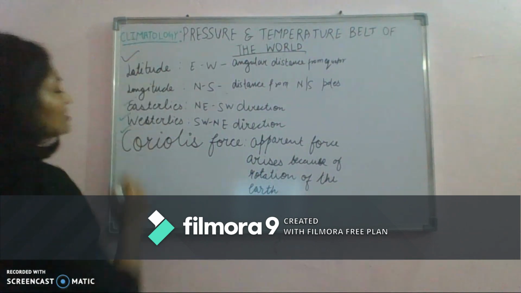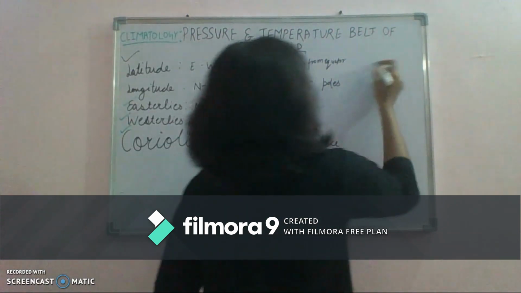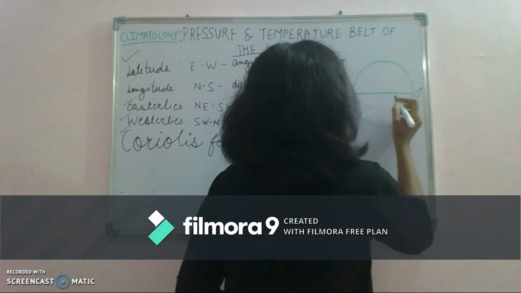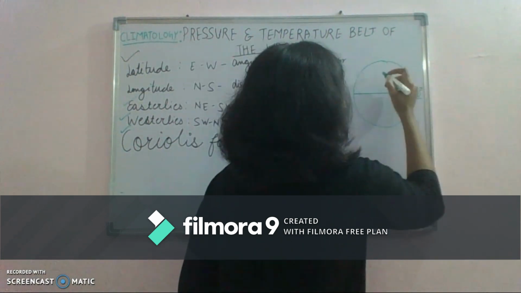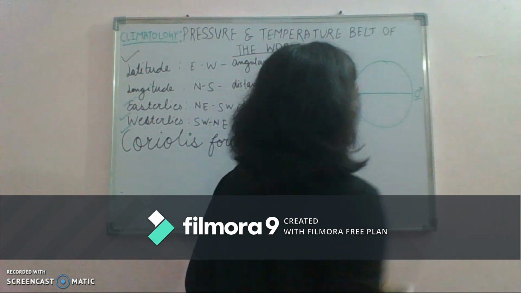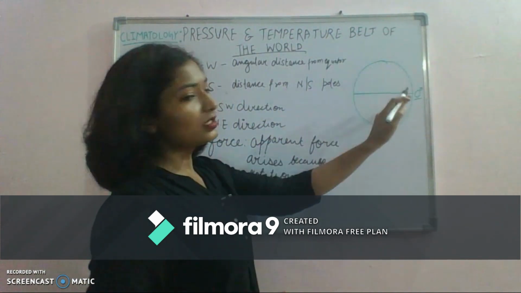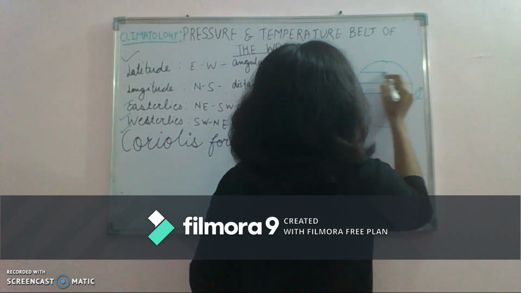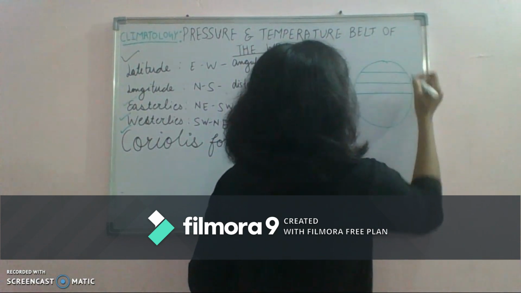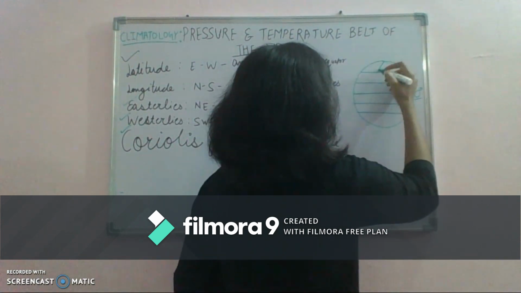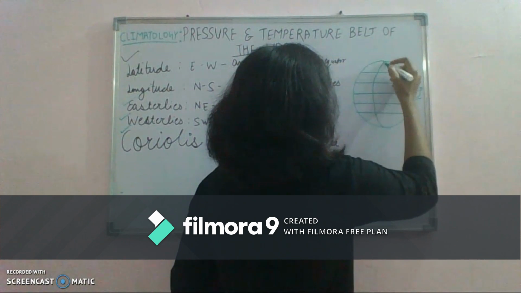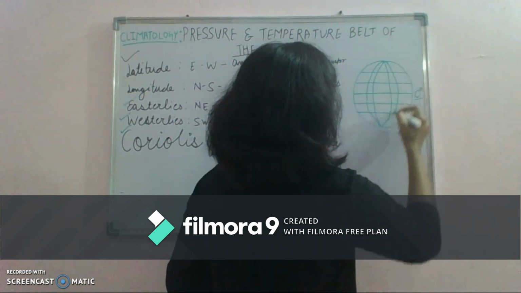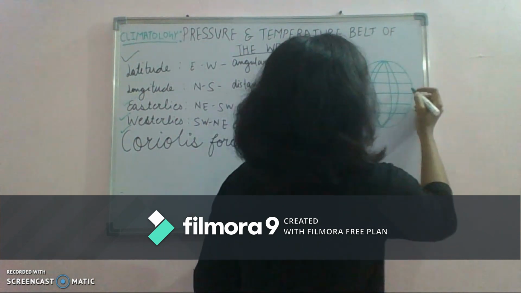Let's first understand what latitude is. Consider a globe. This is the equator. The equator divides the whole sphere into two parts, the northern hemisphere and the southern hemisphere. These lines are called latitudes and these lines are called longitudes.